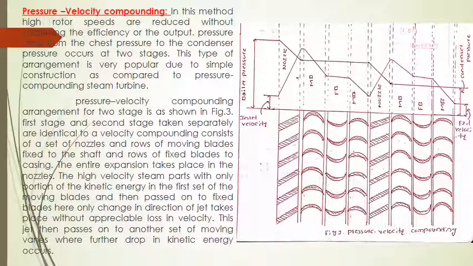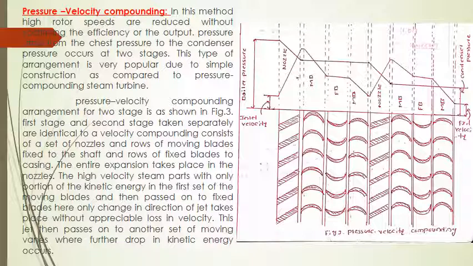The high velocity steam parts with only a portion of the kinetic energy in the first set of moving blades and is then passed on to fixed blades. Here only a change in direction of the jet takes place without appreciable loss in velocity. This jet then passes on to another set of moving blades where a further drop in kinetic energy occurs.